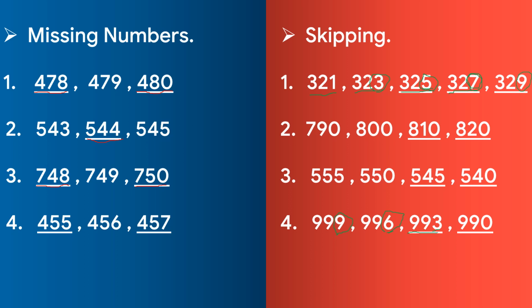So your answer is 993. Again 3 minus 3 is 0, so you write 0 here and the first two digits as they are. So the last number of question number 4 is 990.